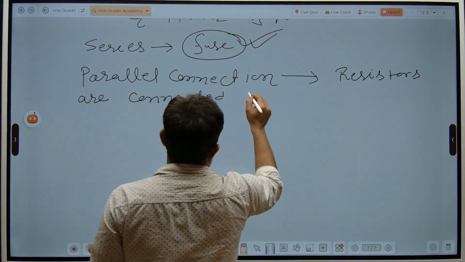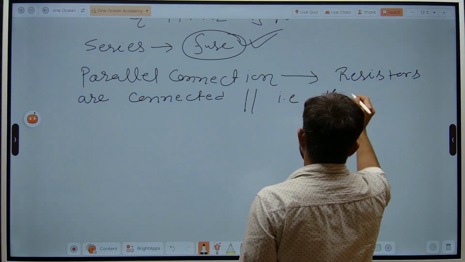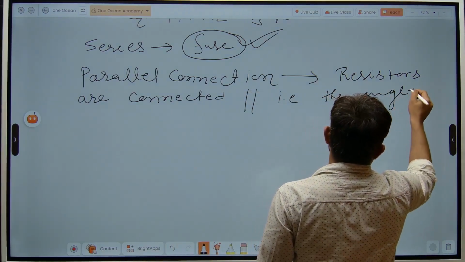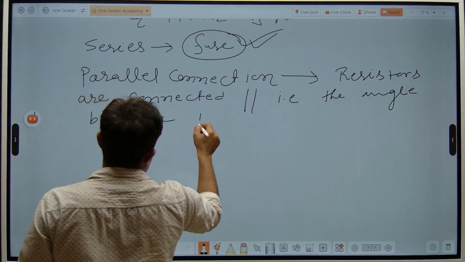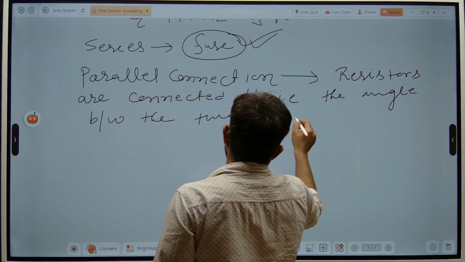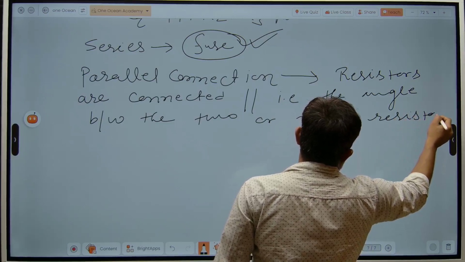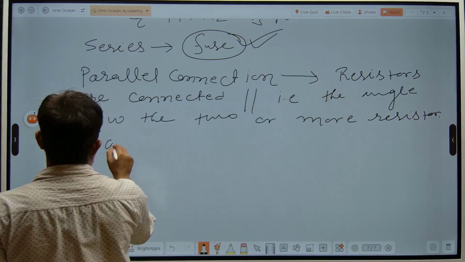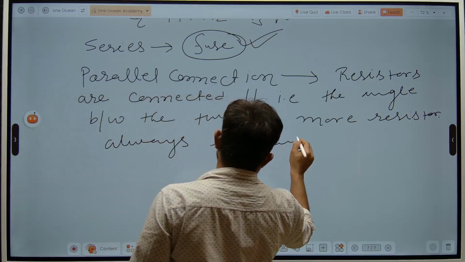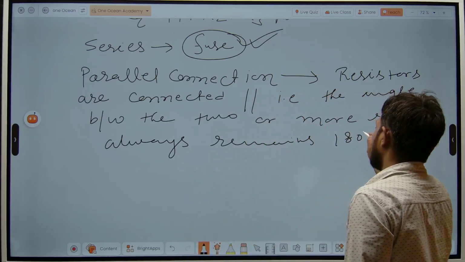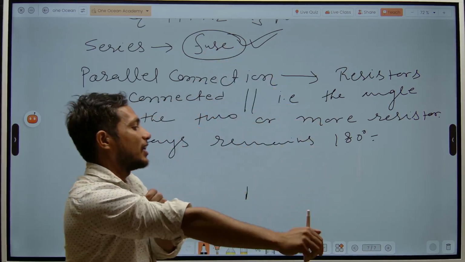That means the angle between the two or more resistors always remains 180 degrees. Always remains what? 180 degrees. This shows the property of the parallel lines.